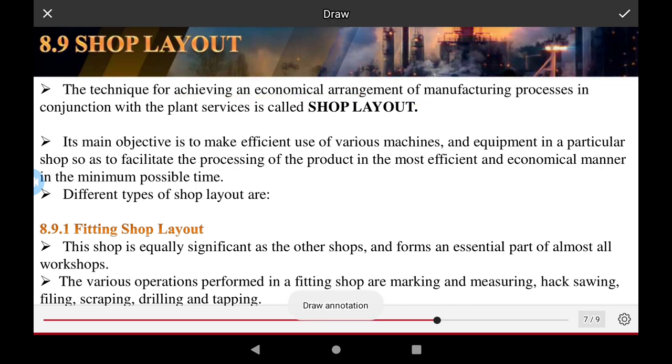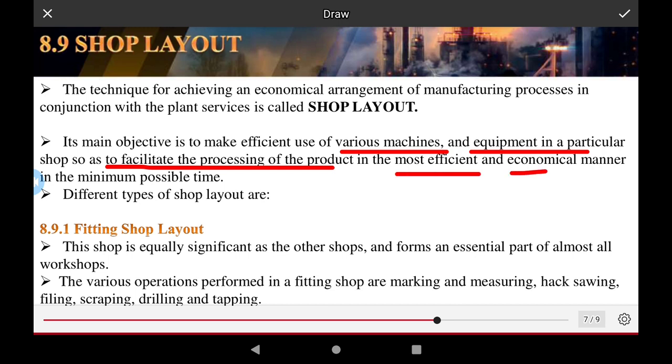The main objective is the efficient use of the various machines and equipment of the particular shop, so that the product is processed in the most efficient and economical manner in the minimum possible time. Now the different types of shop layout, starting with the fitting shop.